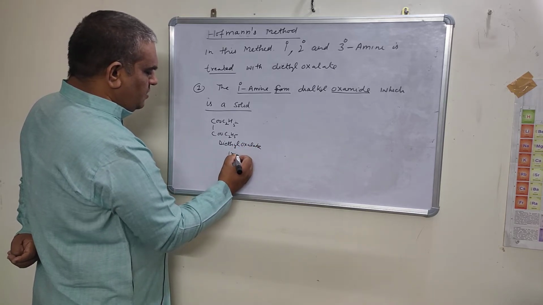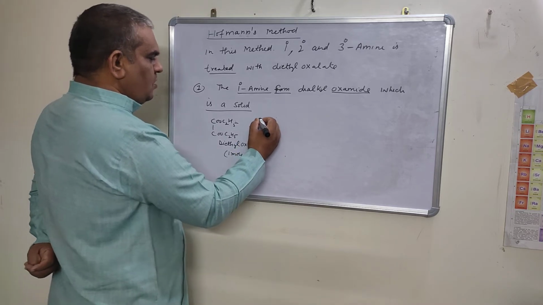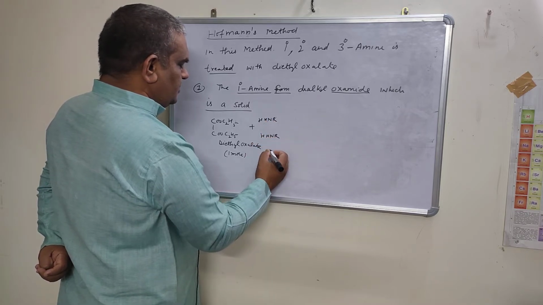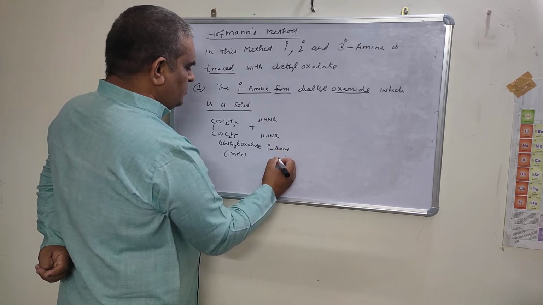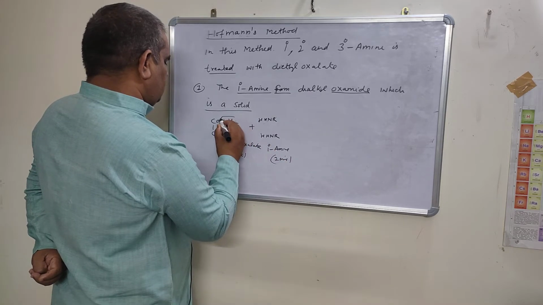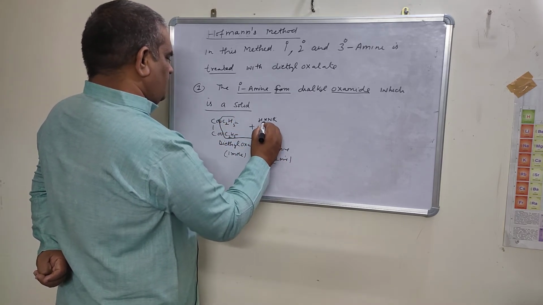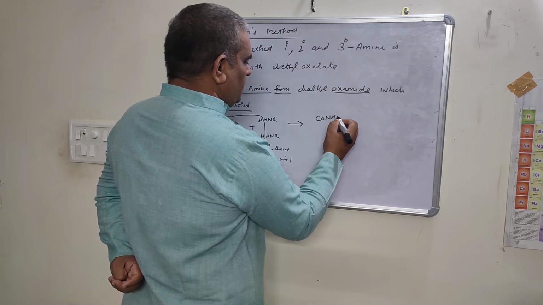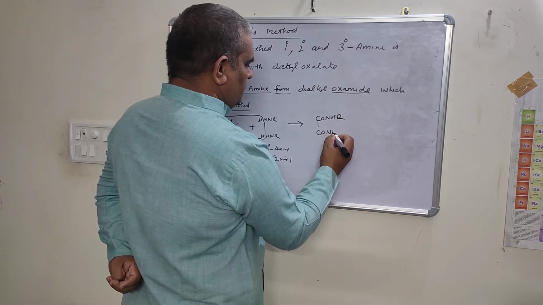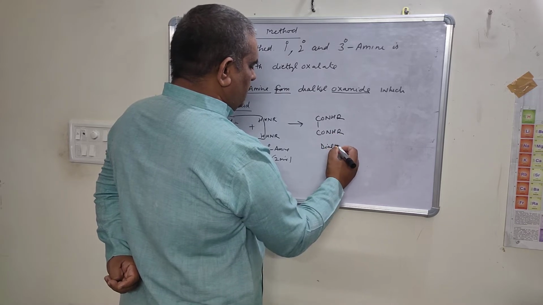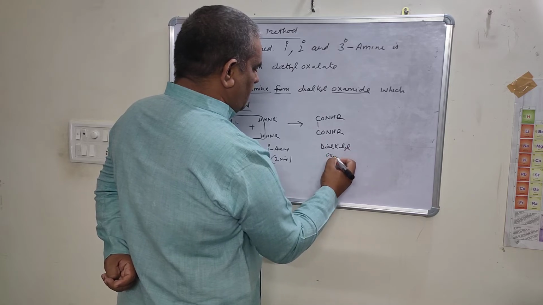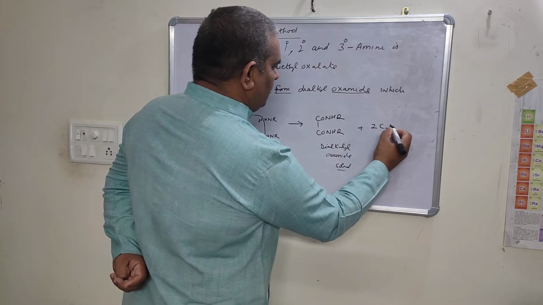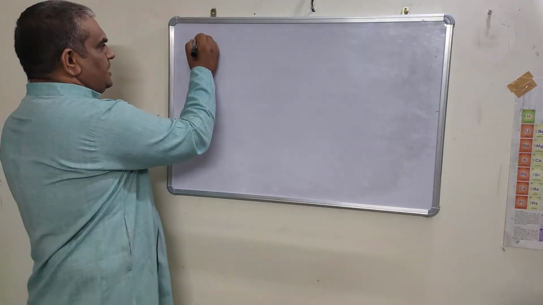That is 1 mole of diethyl oxalate, and it reacts with 2 moles of primary amines, and releases 2 moles of ethyl alcohol and forms this dialkyl oxamide, which is solid, and the side product ethyl alcohol.